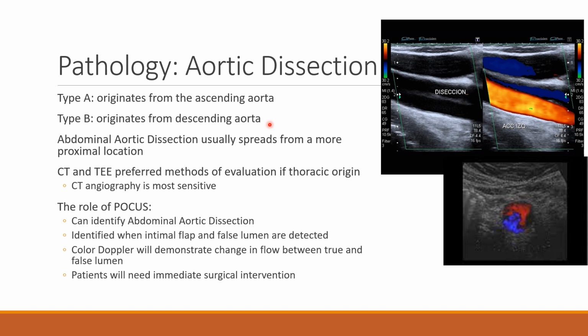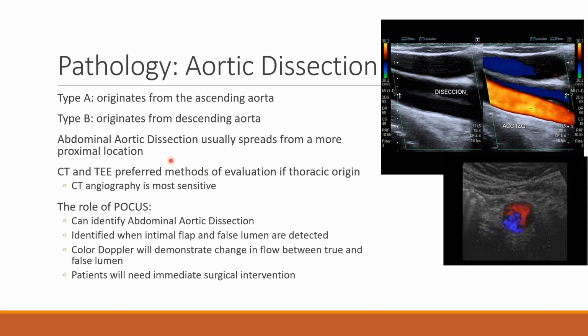Of course, we're not going to be the best at looking for intrathoracic dissections because of the lung field. They could be found with an echo, but with just your general scanning, you're typically not going to see these. So a CT or a transesophageal echo would be much more efficient at finding those intrathoracic dissections.